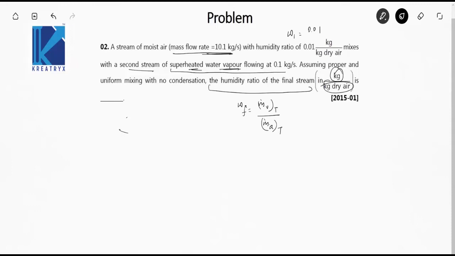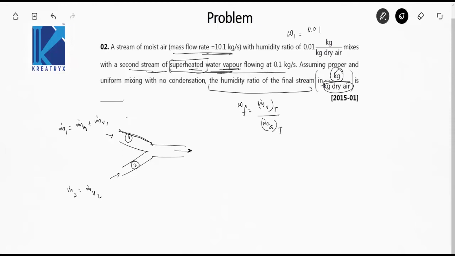Here stream 1 is coming, here stream 2 is coming, and they are mixing, and this is the stream which is going out after mixing. So let this be m dot 1, which comprises dry air plus water vapor. I am writing them as m dot a1 plus m dot v1 for the first stream, and for the second stream m dot 2 is equal to m dot v2 only, because this second stream is superheated water vapor only.